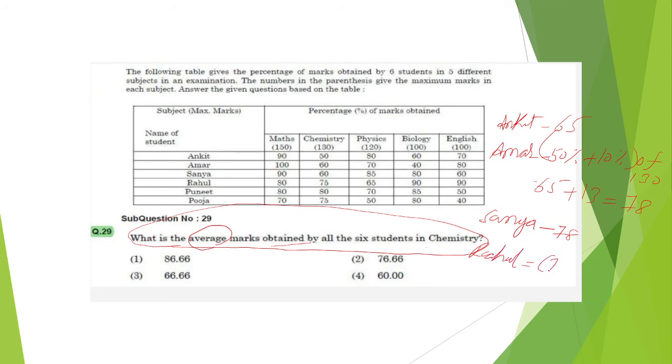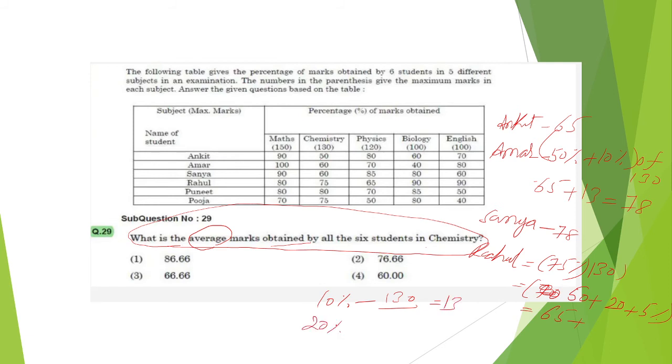Next, Rahul, 75 percentage of 130. We will take 50 percentage plus 20 percentage plus 5 percentage. 50 percentage is 65, plus 10 percentage of 130 is 13.